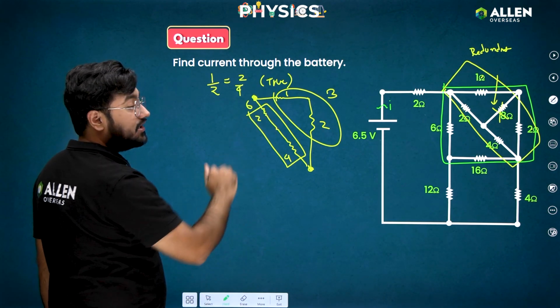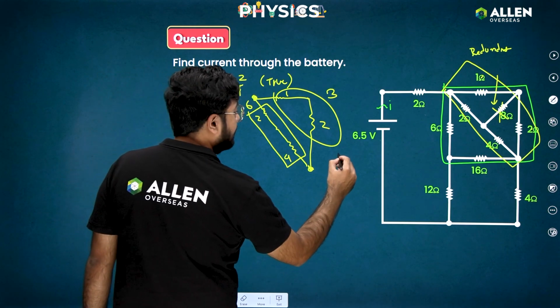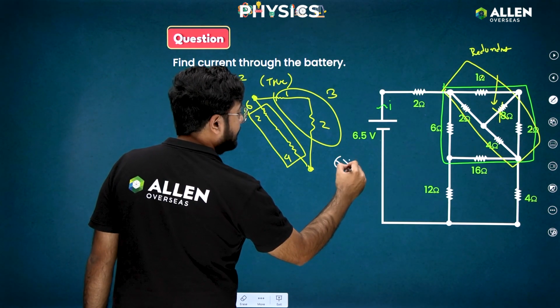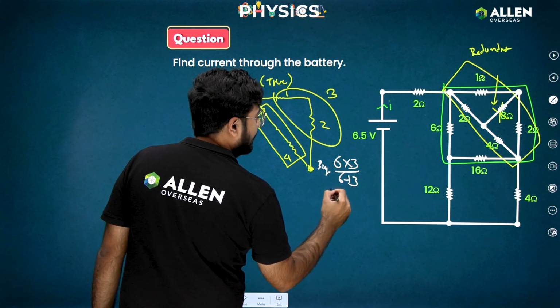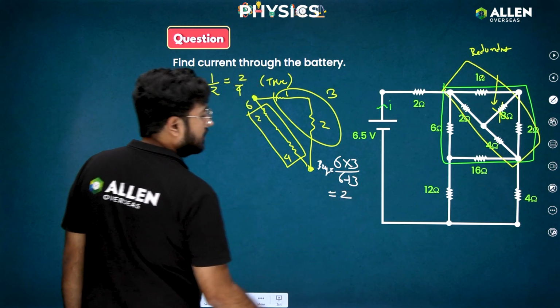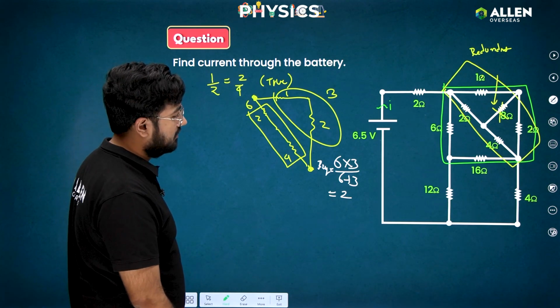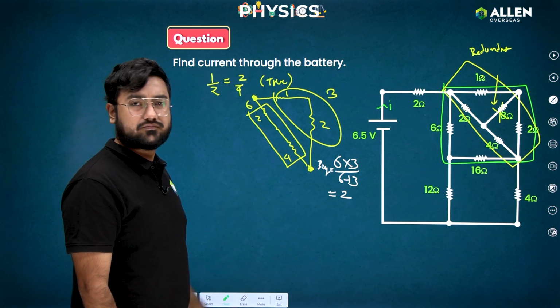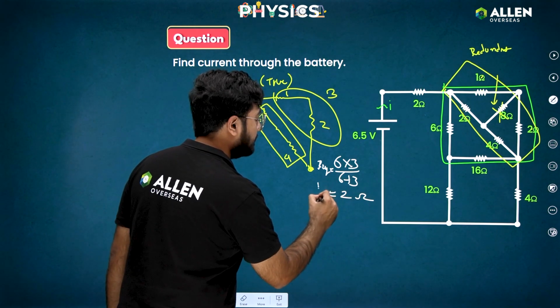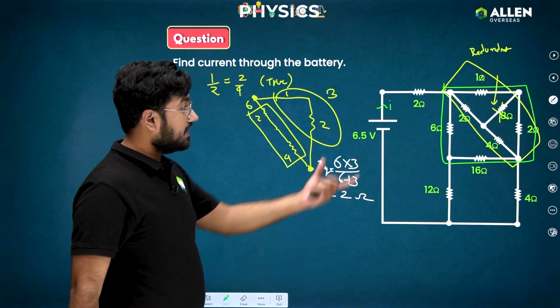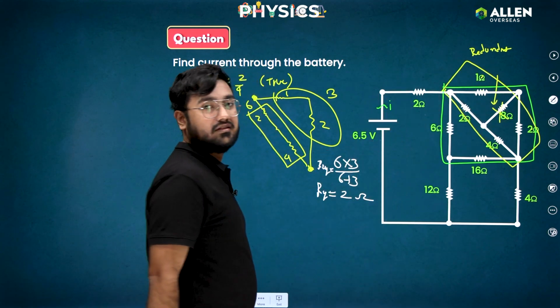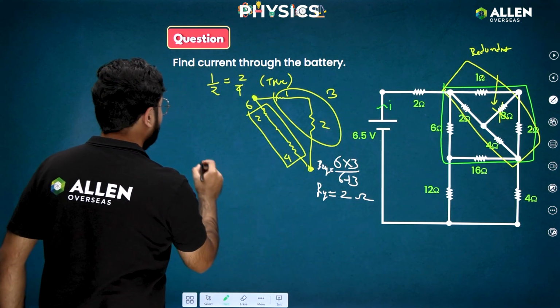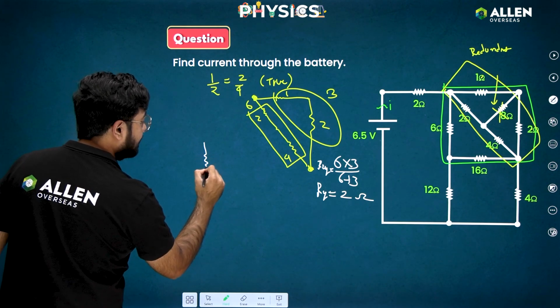So the equivalent is 6 into 3 divided by 6 plus 3, and that is 2. This is our equivalent for this complete yellow part.